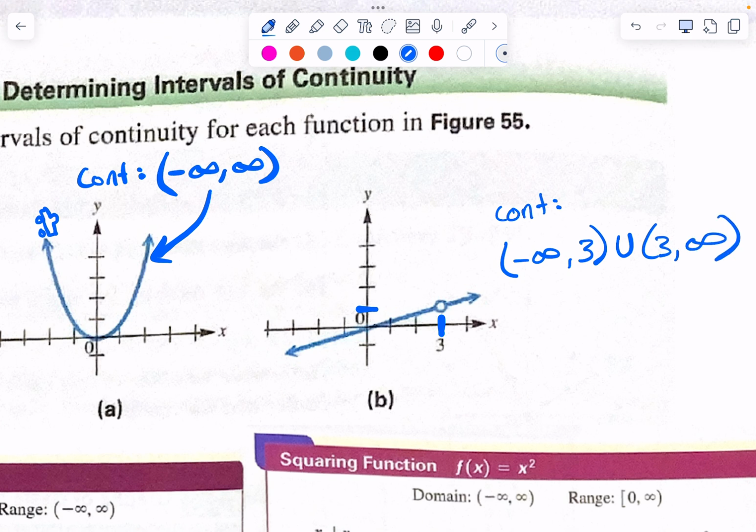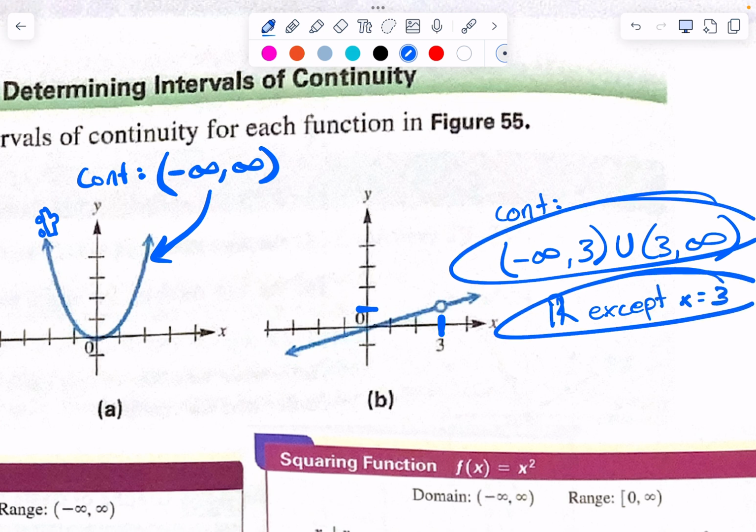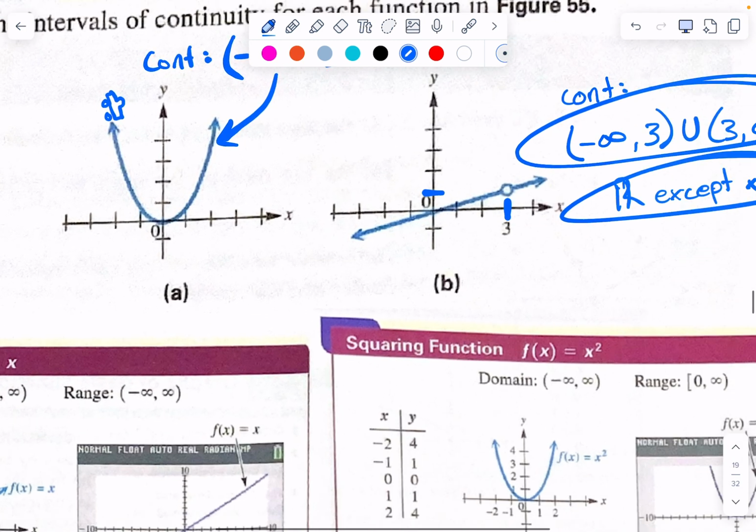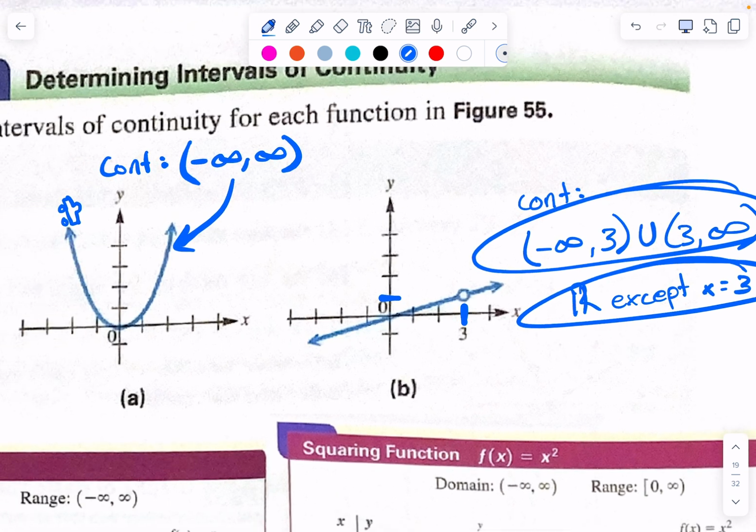Another way of writing that is all reals except 3, except x equals 3. However you want to write that is totally fine. Either way, those mean the same thing. It just says we have a pothole at 3, we're going to have a problem. So it's just where it's continuous and where it's not continuous. If there's a break, a vertical asymptote, or a hole, that's where it's not going to be continuous.